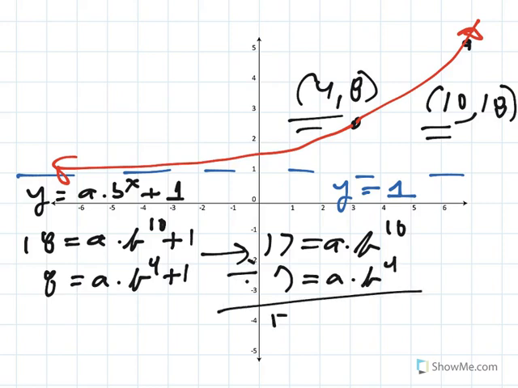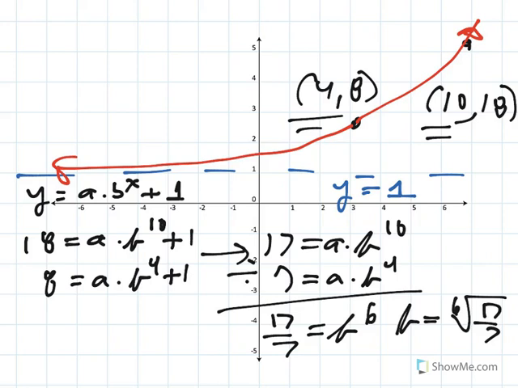Now you can divide both sides and get 17 over 7 equals b to the 6th, or b is equal to the 6th root of 17 over 7, which is about 1.159.